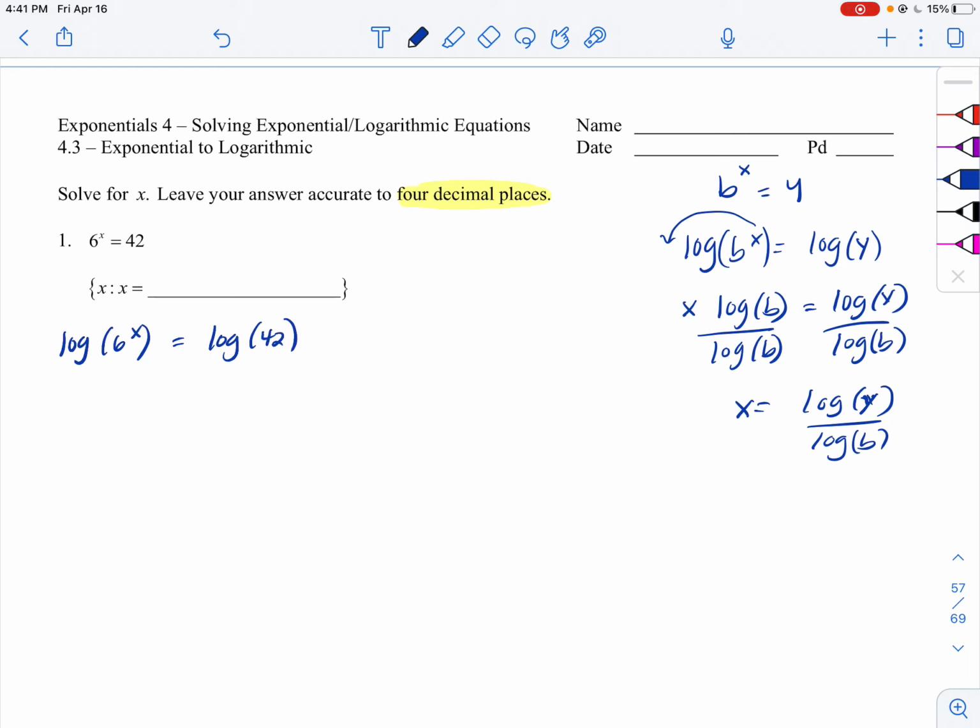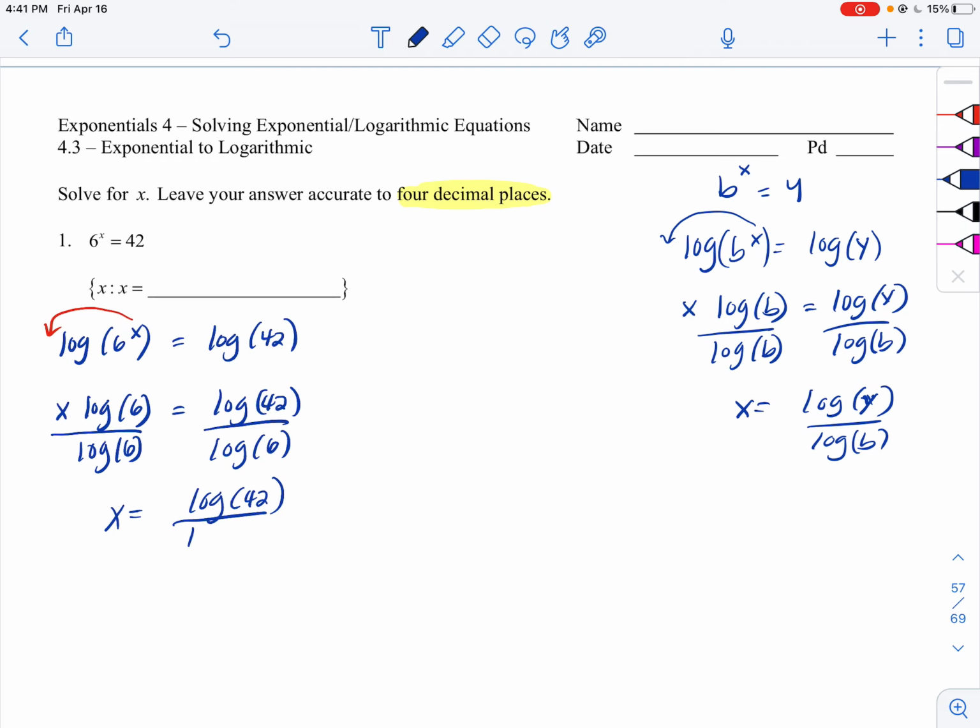Then second step, I'm going to use the power property of log, so that I can move the x, the exponent, in front of the log. Then I divide by log of 6. And there you go, I have x equals log 42 divided by log of 6.